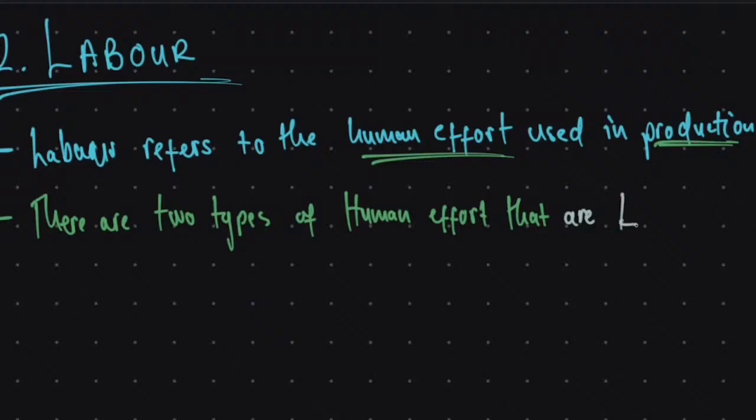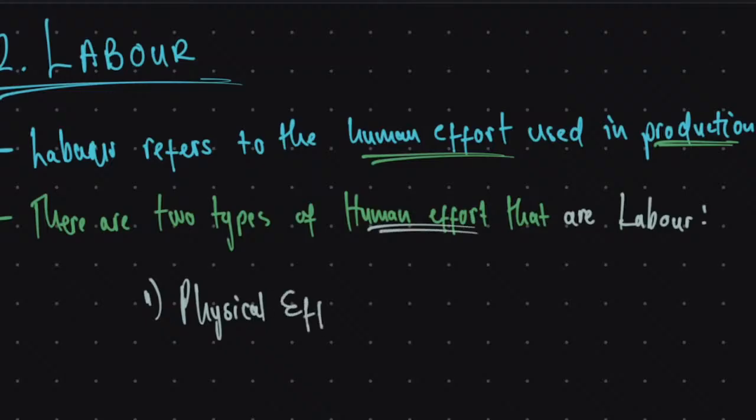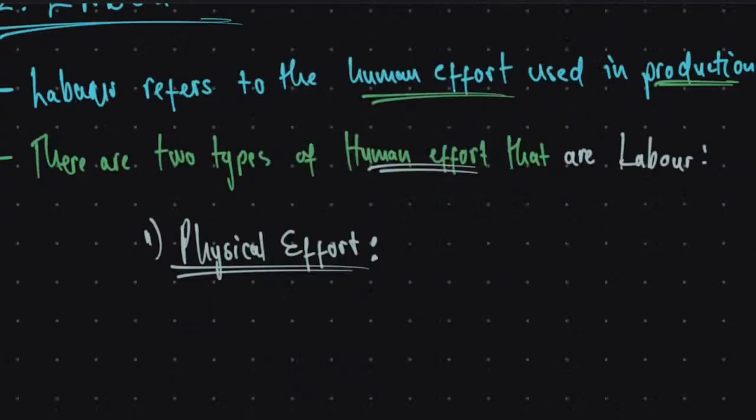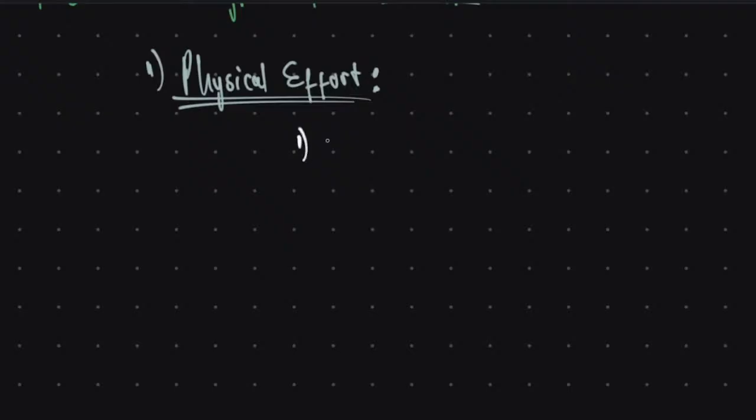Okay, Alex? One is physical effort. Is physical effort part of labor? Yes, because it's human effort. Labor is anything a human being does. So human effort, Alex. One is the physical effort by human beings. Okay? One is physical effort.